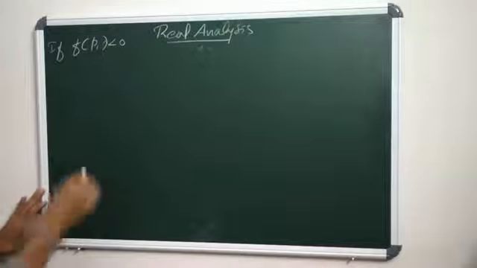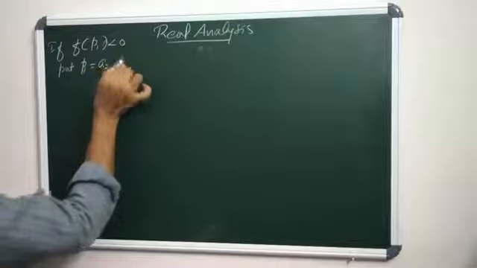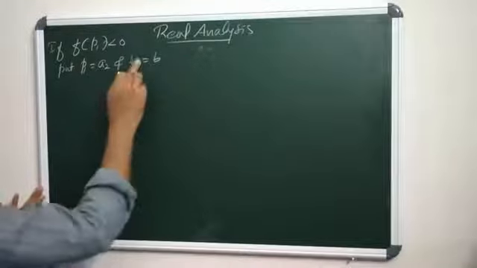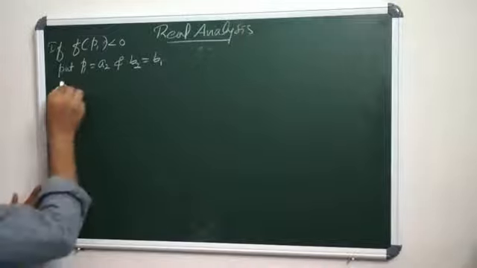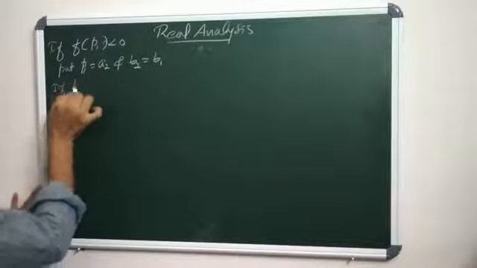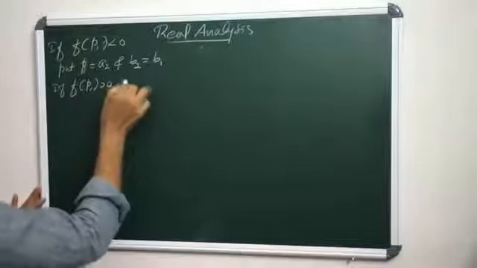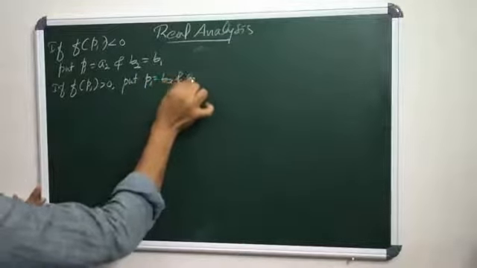If f(p1) is negative, put p1 equals a2 and b2 equals b1, which is b itself. So put a2 equals p1 and b2 equals b. If f(p1) is positive, then put b2 equals p1 and a2 equals a1.